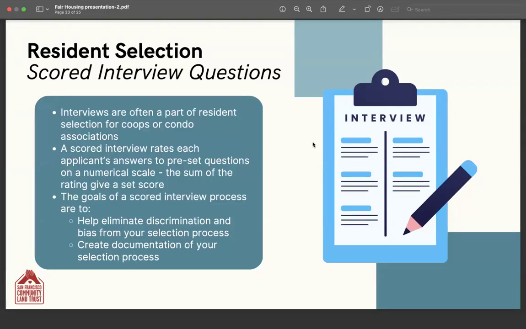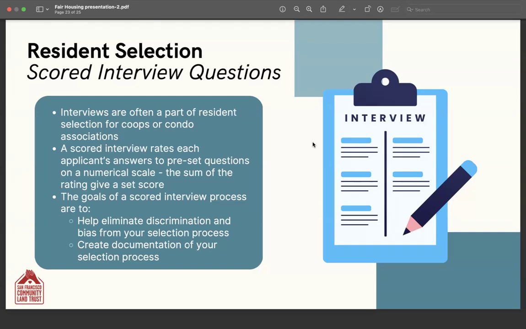And that final score is what will help the selection committee make the final decision on who is the finalist for this unit, this home. And the goals of this process are to, number one, help eliminate discrimination and bias from your selection process. This whole process, fair housing lawyers get really nervous that it's just fraught with potential bias and discrimination.